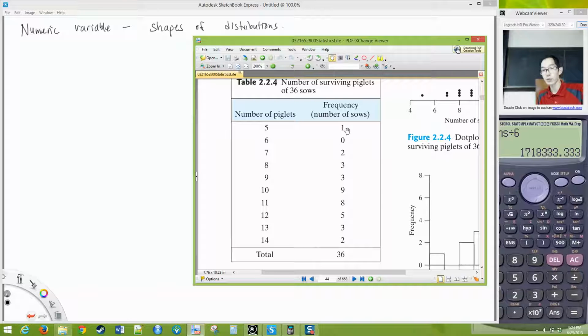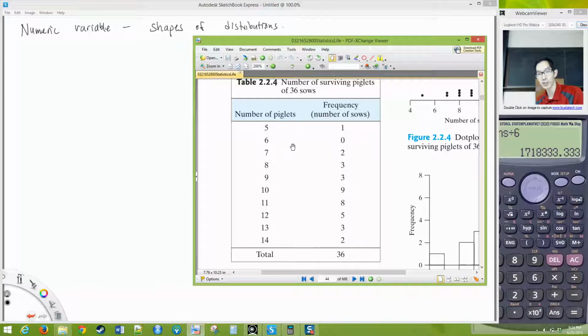So you can imagine it says 36 here. So in our raw data table, how many rows would we have had? 36. We would have had 36 rows because there would be one row for each, in this case, sow. All right, so we looked at a bunch of different sows and how many piglets they had. Okay, so these are pigs having pigs, and 36 different pigs gave birth, and I guess the number of piglets that survive is different.